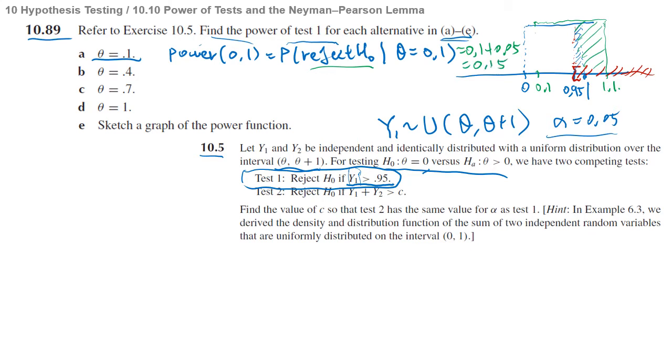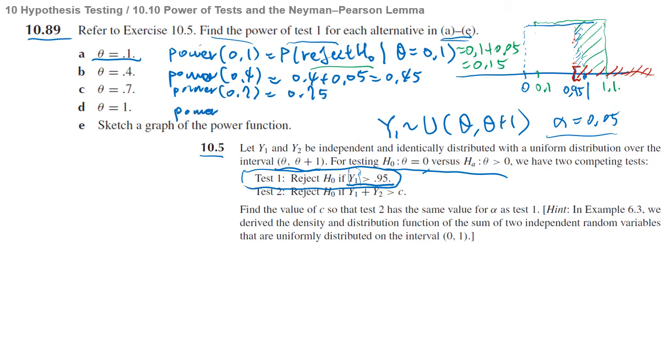And similarly, we can calculate the power at 0.4, and this is 0.4 plus 0.05, which is 0.45, and for power at 0.7, this is 0.75, and for power at 1, this is 1.